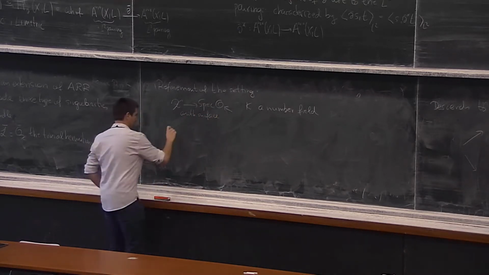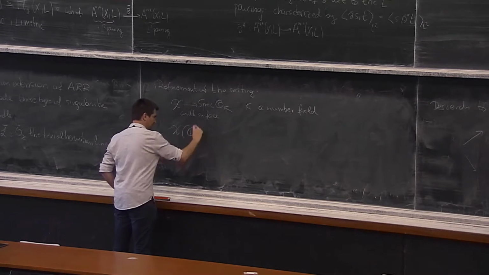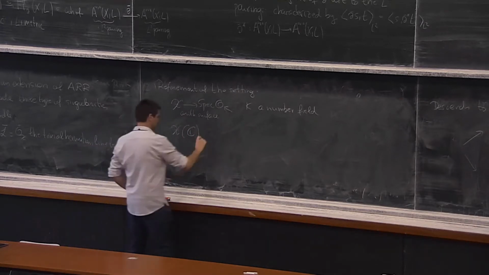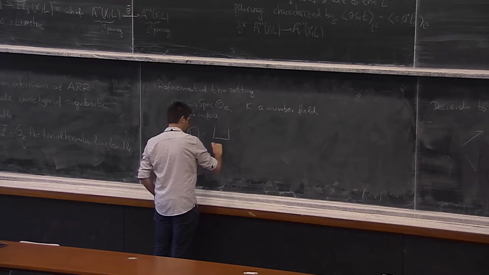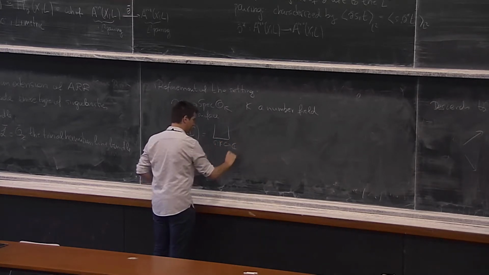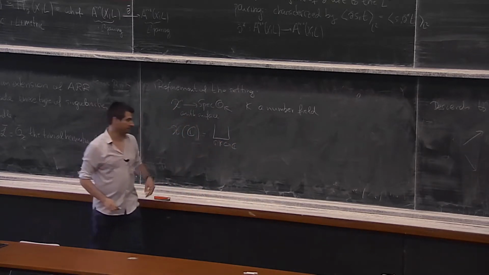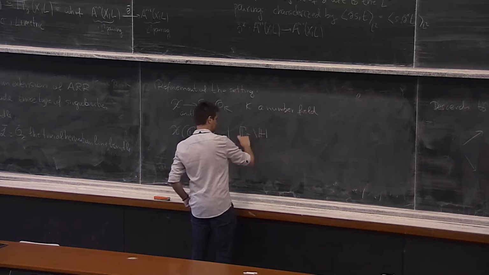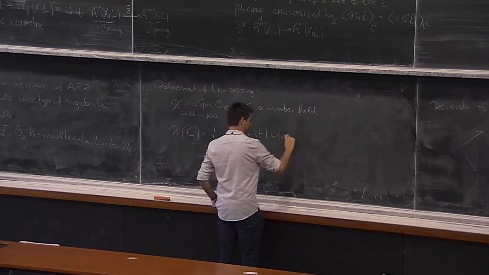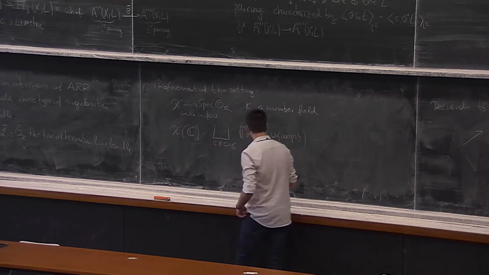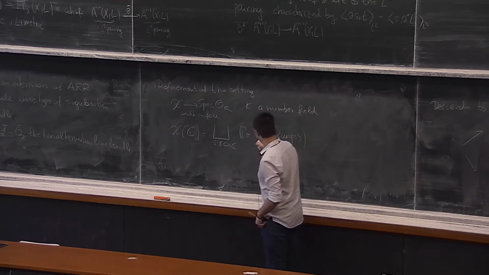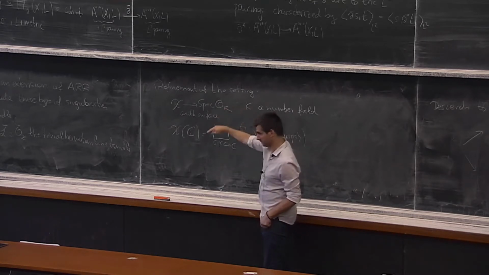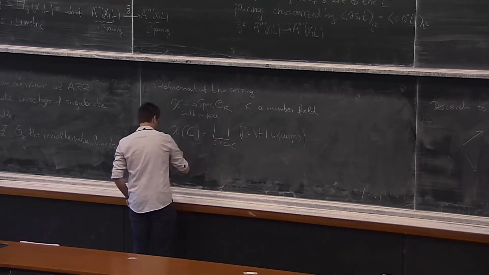I will suppose then that the complex points are indexed by the embeddings. And for each embedding, I will have a Fuchsian group together with cusps. And I will require that the cusps and the fixed points of these groups come from sections of this.